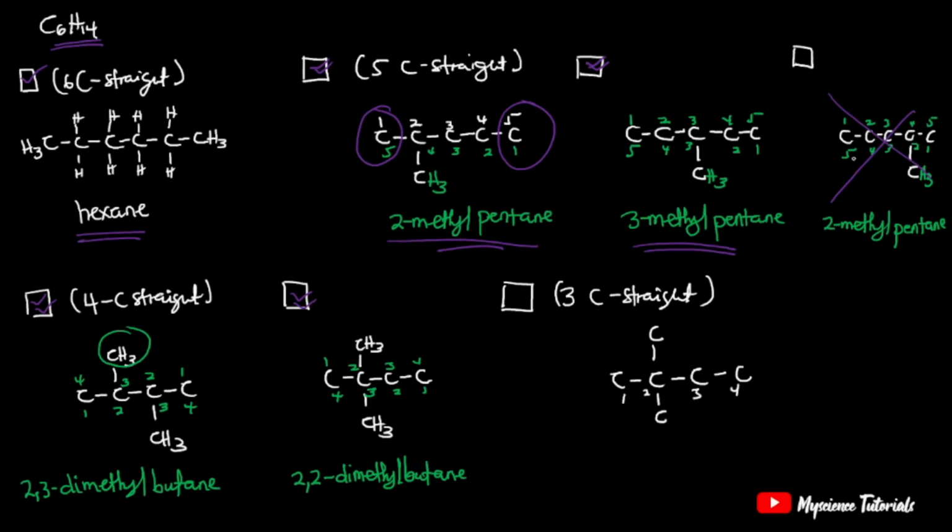So we ignore that because even though it's a possible isomer, we already have it, so there's no need to repeat it twice. Now, which means we are done with 5 carbon chains, so we further reduce it to 4. So if we do that to 4, we are going to have these 2 guys as possible isomers.